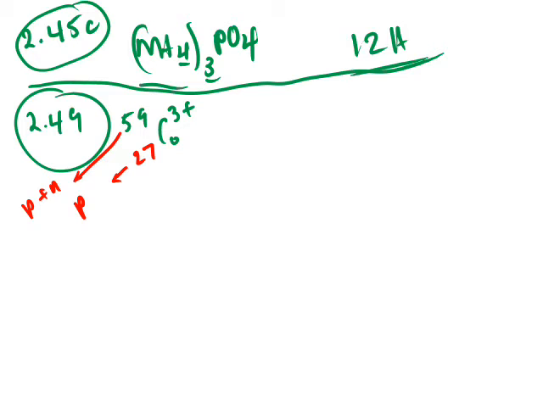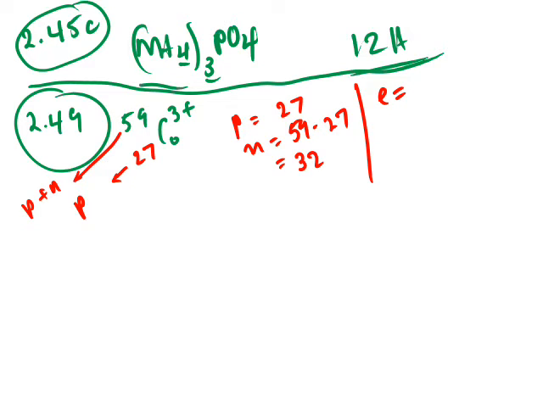So let's write down these figures. Number of protons is 27. Number of neutrons would be 59 minus 27, and that gives 32. And then this is not a neutral element. In a neutral element, protons would be the same as electrons. If this were a neutral cobalt, that means if it didn't have a 3 plus, then I must have the same number of protons as electrons.